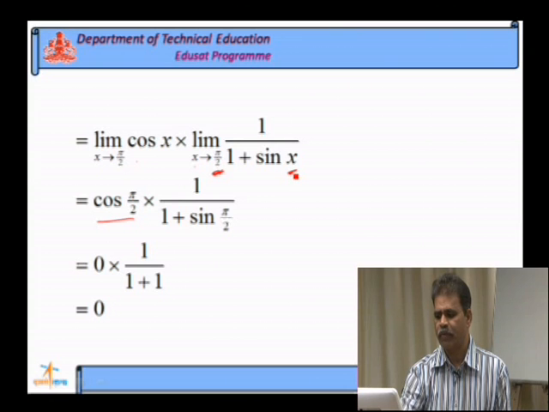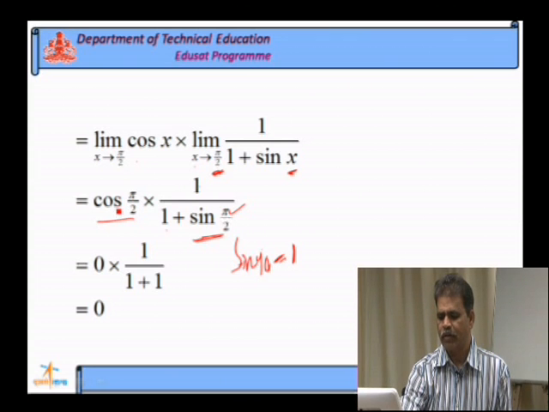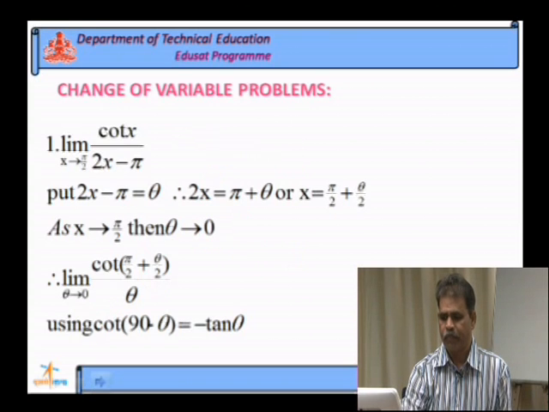Therefore, in place of x I have written pi by 2. Sin 90 is always equal to 1, and cos 90 is always 0. Therefore, 0 into anything is equal to 0.